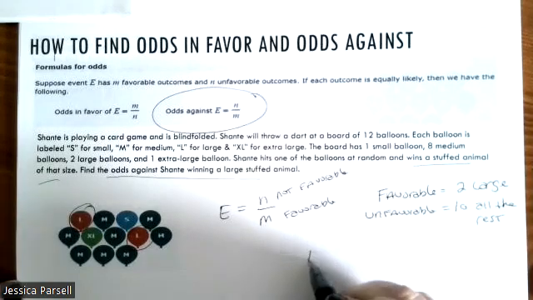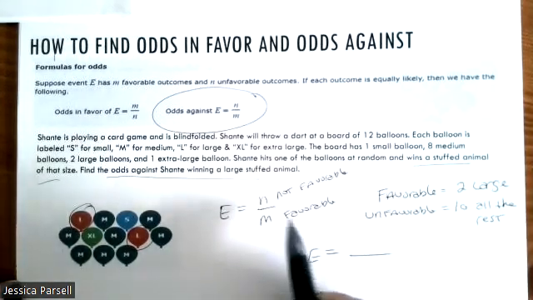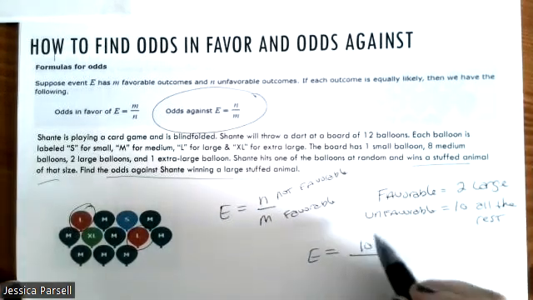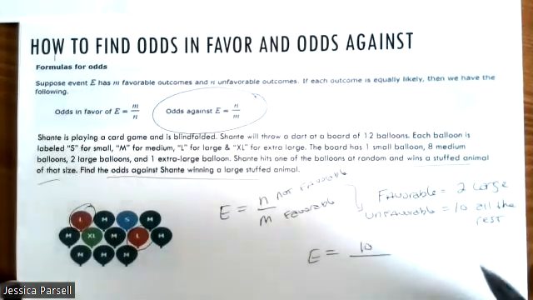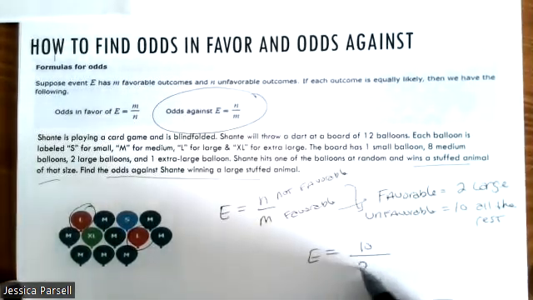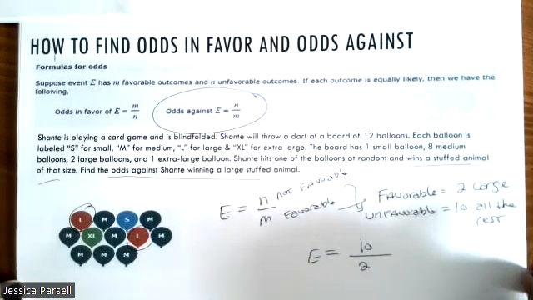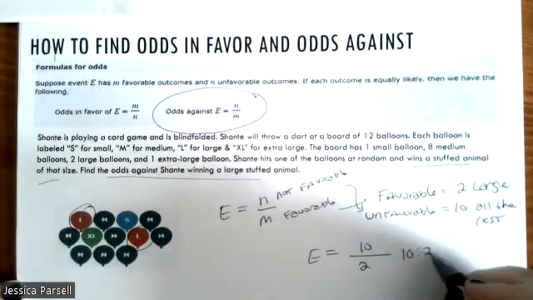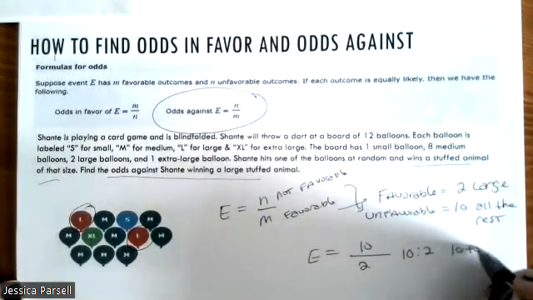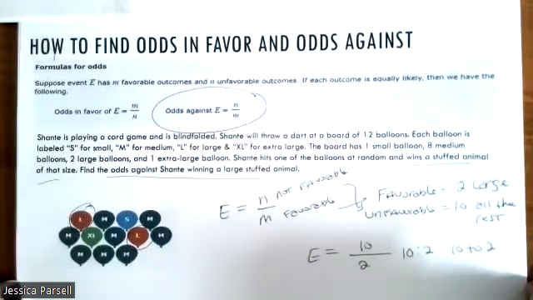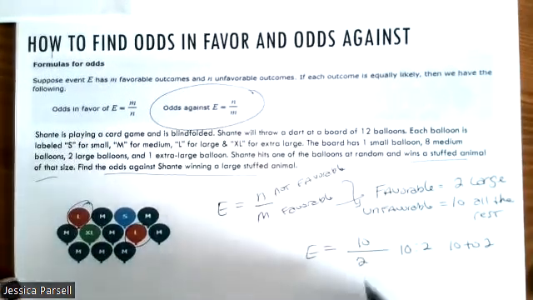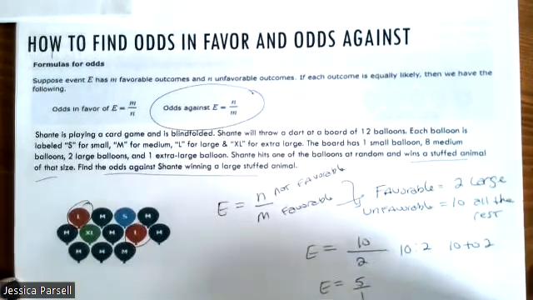Okay, so odds against. Not favorable is 10, right? That's the unfavorable. Favorable is 2. So we have 10 to 2. You could write it as 10 to 2, or 10:2. Sometimes you should try to see if you can reduce. Well, we know 10 over 2 really is 5/1.